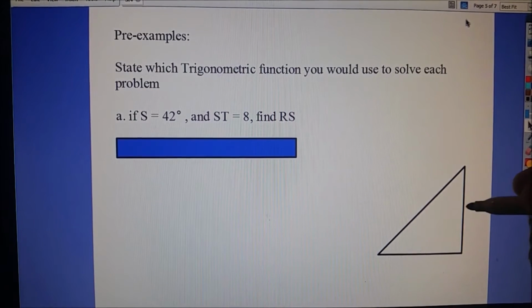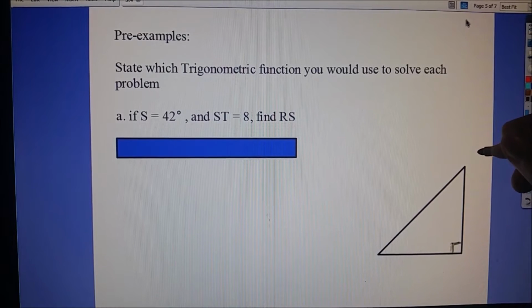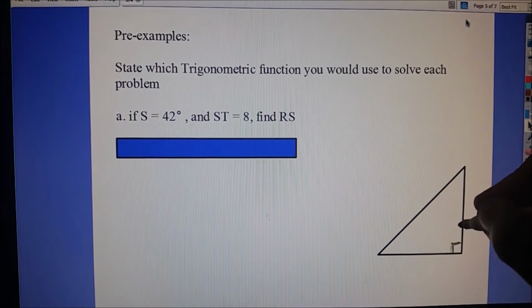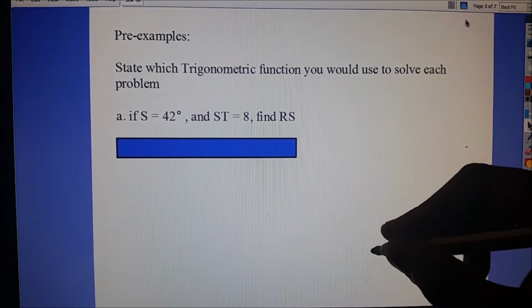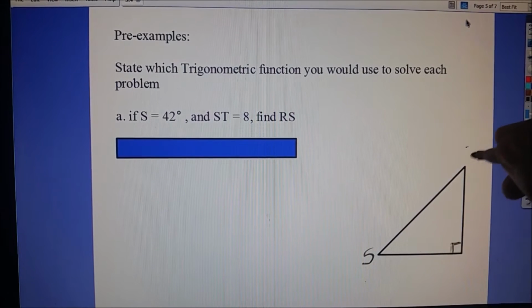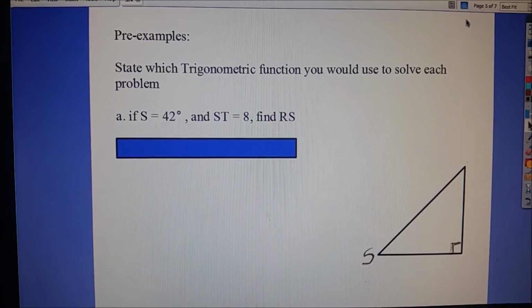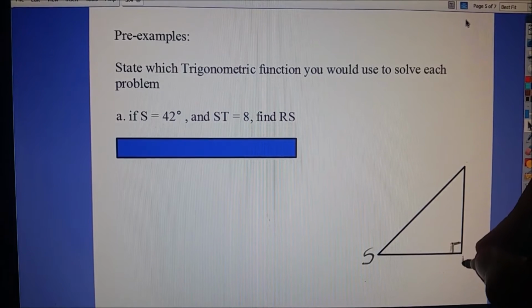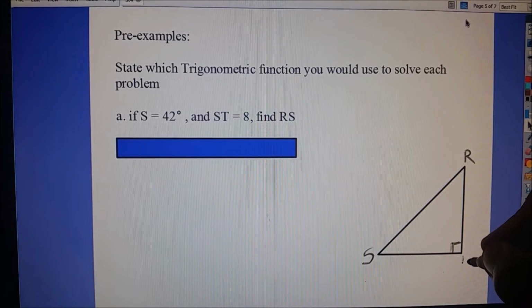So let's go ahead and put our right angle down. Let's go ahead and call this S. Can't call that T. Call this R. And let's call this T.